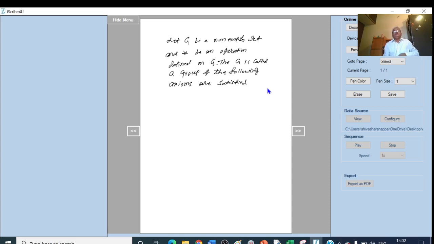Okay, G is a non-empty set and star is an operation defined on G, then G is called a group if the following axioms are satisfied.